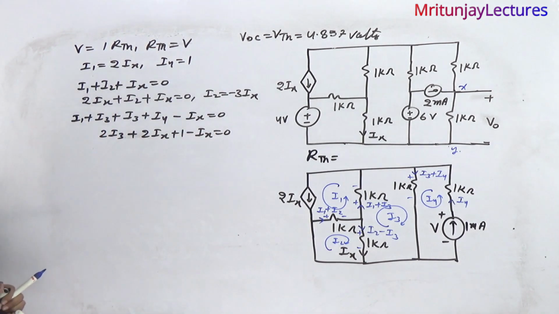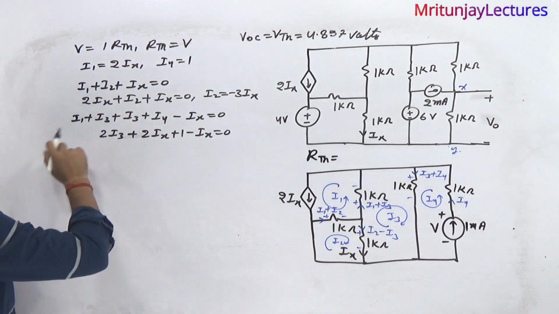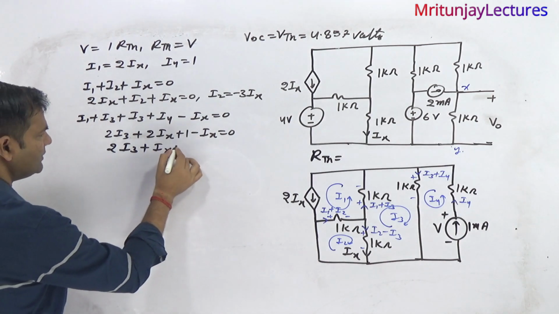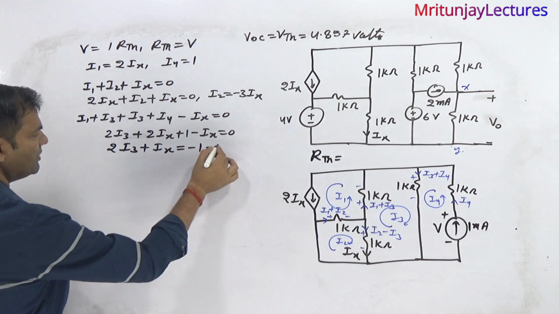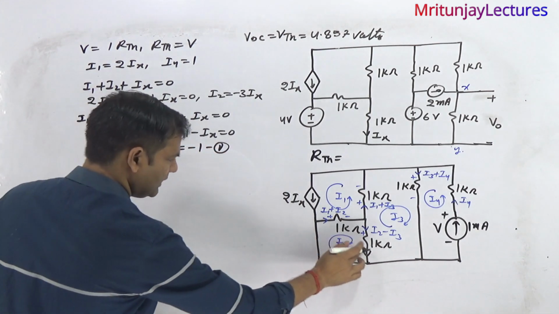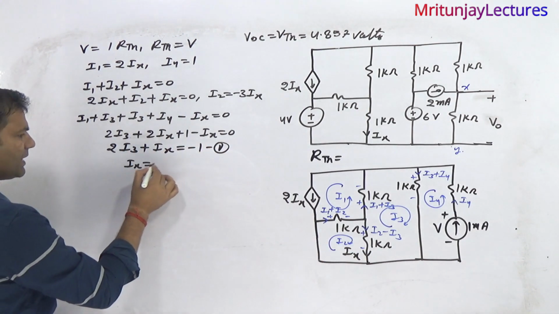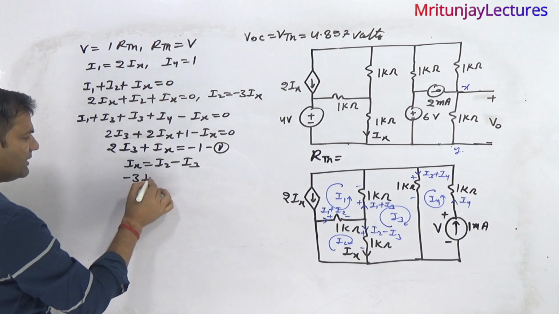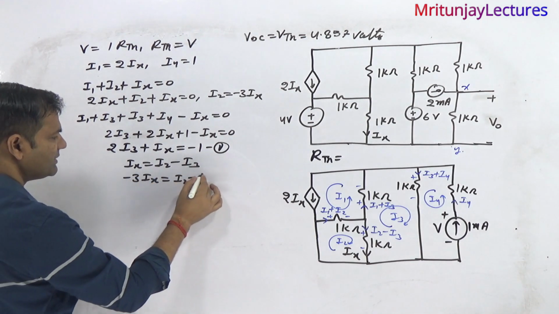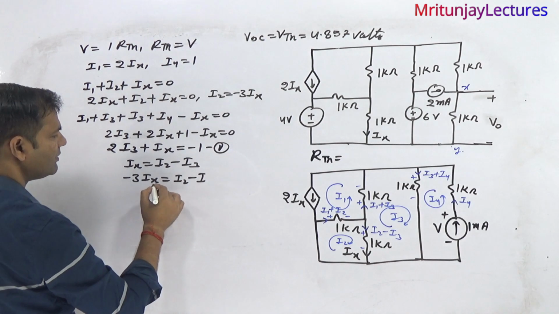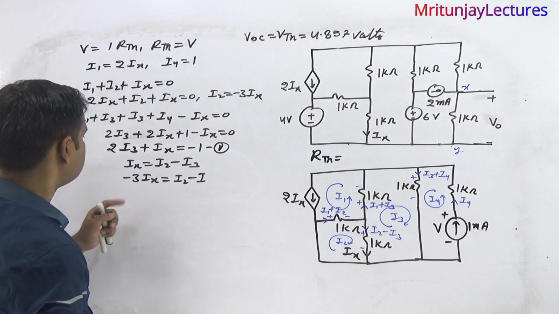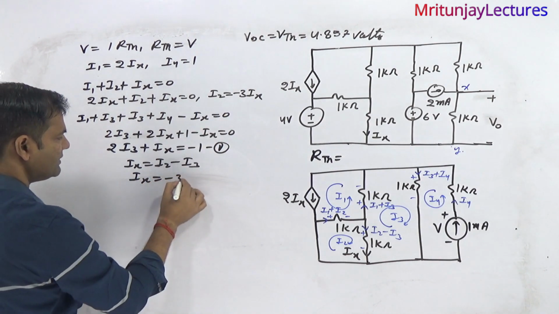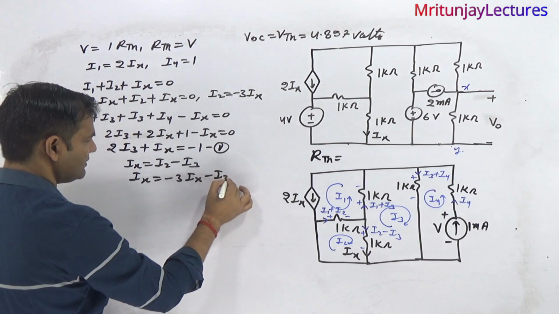How can you determine I3? 2I3 plus Ix is equal to minus 1, equation number 1. I know that Ix is also written as I2 minus I3. If I2 is put here, then we get minus 3Ix minus I3.